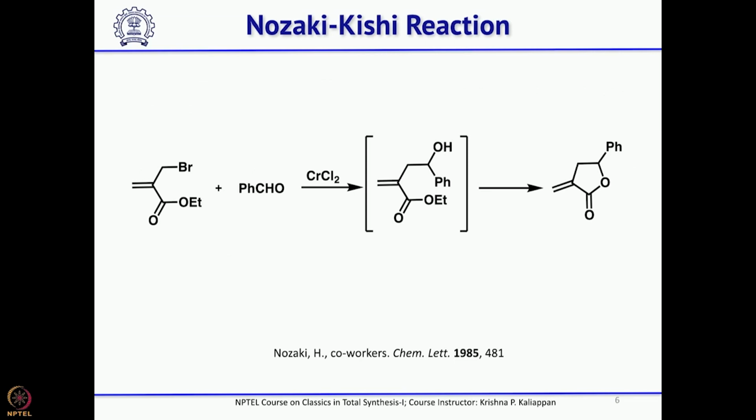Here, instead of vinyl bromide, what you need is an allyl bromide. Allyl bromide on treatment with aldehyde in the presence of chromous chloride gives homoallylic alcohol, and if you have an ester at an appropriate place, then the homoallylic alcohol which is formed can also intramolecularly attack the carbonyl group of the ester, forming a lactone. So this Nozaki-Hiyama-Kishi reaction has been widely used for making allylic and homoallylic alcohols and also many macrocycles.